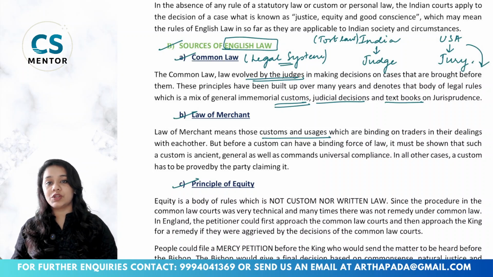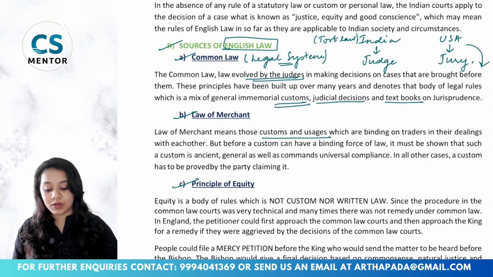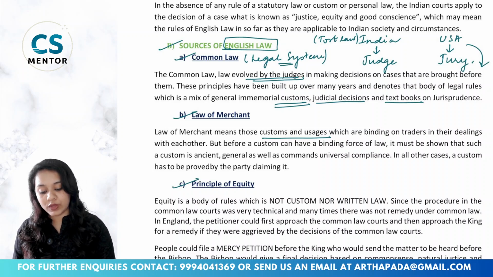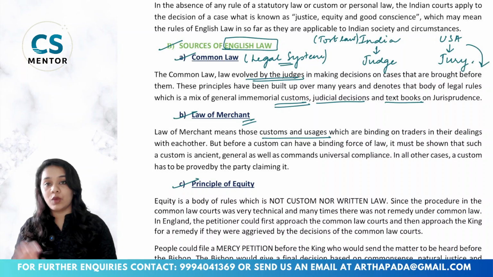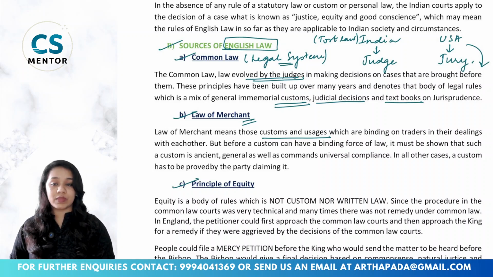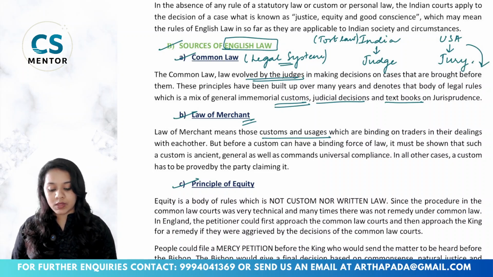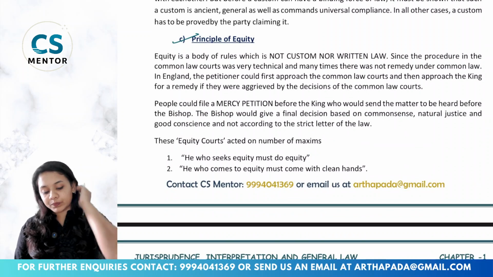So it is customary to take an insurance policy with respect to sea trade. Now, all these are trade customs. And so, therefore, we can even refer to these when our laws are silent. Remember, these are secondary sources of law, and they are only to be followed when the primary sources are not there. The next one is the principle of equity.